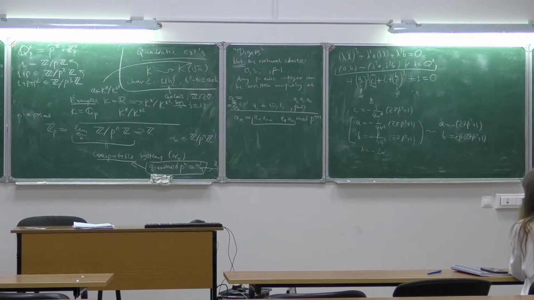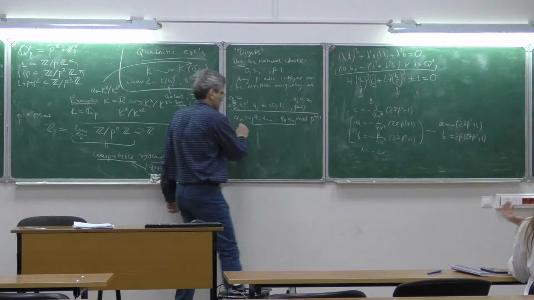So the question is, can you see the negative integers here? For instance, do you see -1? What is -1? It's p minus 1 with zeros before and after it.